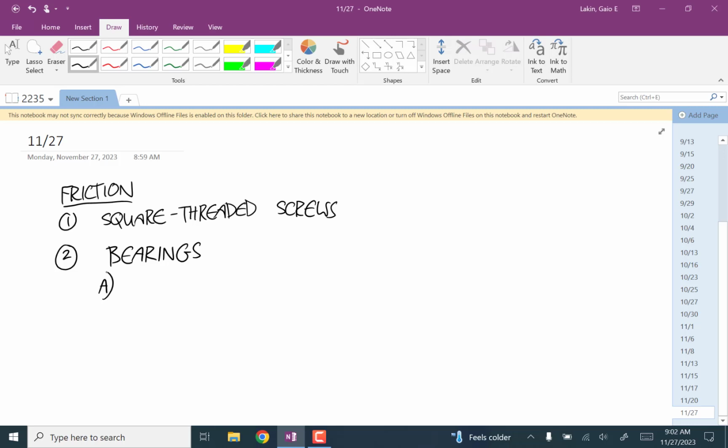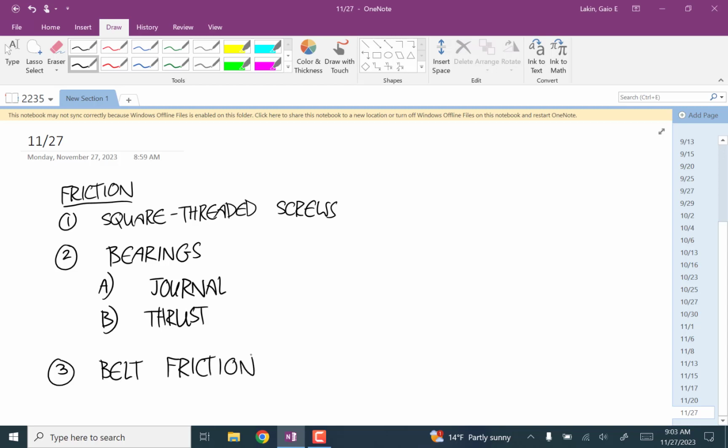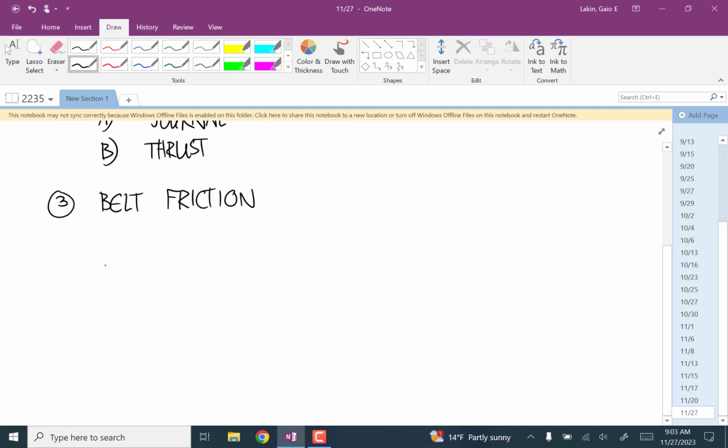There are two types of bearings we'll talk about. The first one is called journal bearings, and the second one is thrust bearings. And then the last thing we'll talk about is belt friction. We've done this, so now we're moving on to bearings.